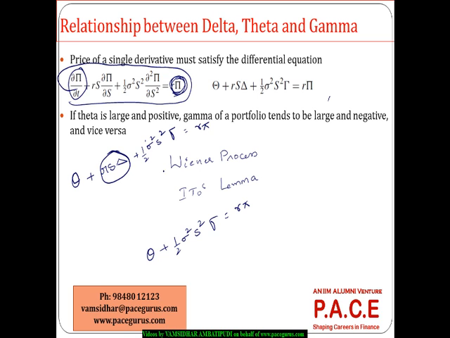If theta is large and positive, gamma is large and negative, and vice versa, because this is just Φ times whatever is the risk-free rate of return. So this is the relationship we can think of between delta, theta and gamma.